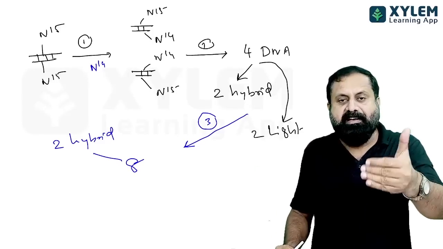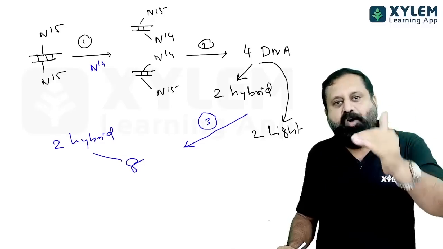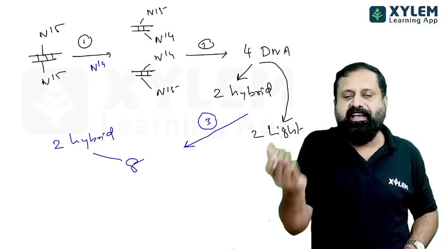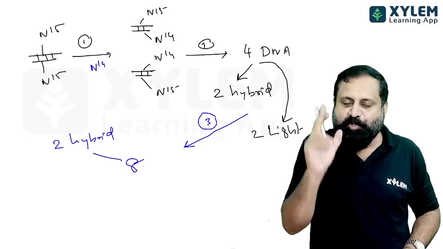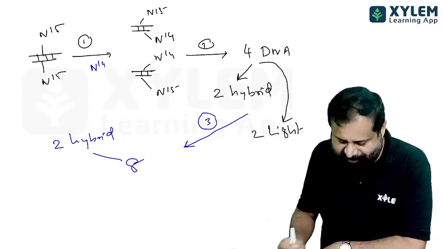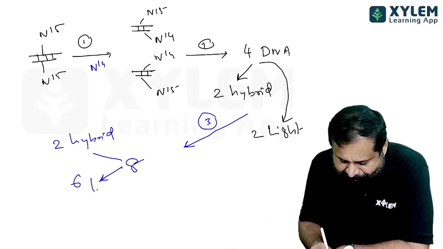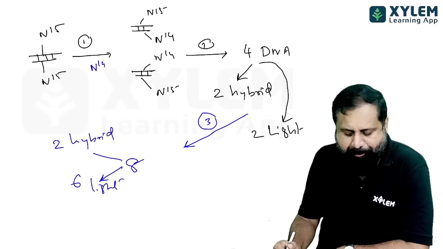If the daughter DNA are 64, then the number of hybrid is 2 and 62 are light. If 128 DNA are produced, then 2 are hybrid and the remaining 126 are light. So here, out of 8, 6 are light and 2 are hybrid.